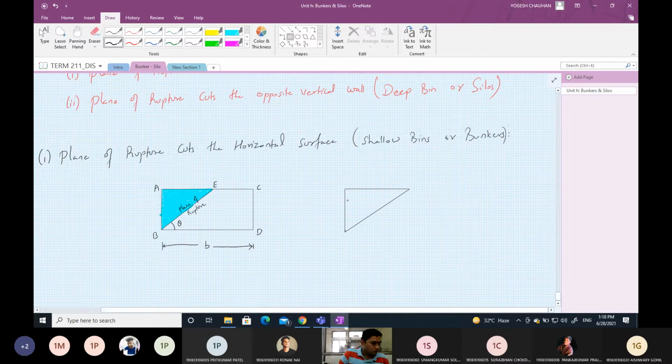Okay, so this is A, this is B, this is E. Now the weight of the wedge, let W be the weight of the wedge.